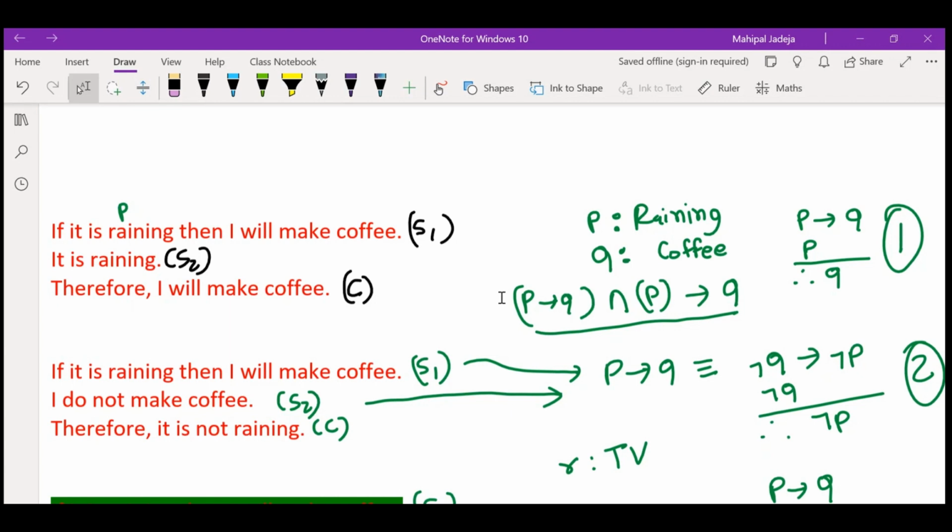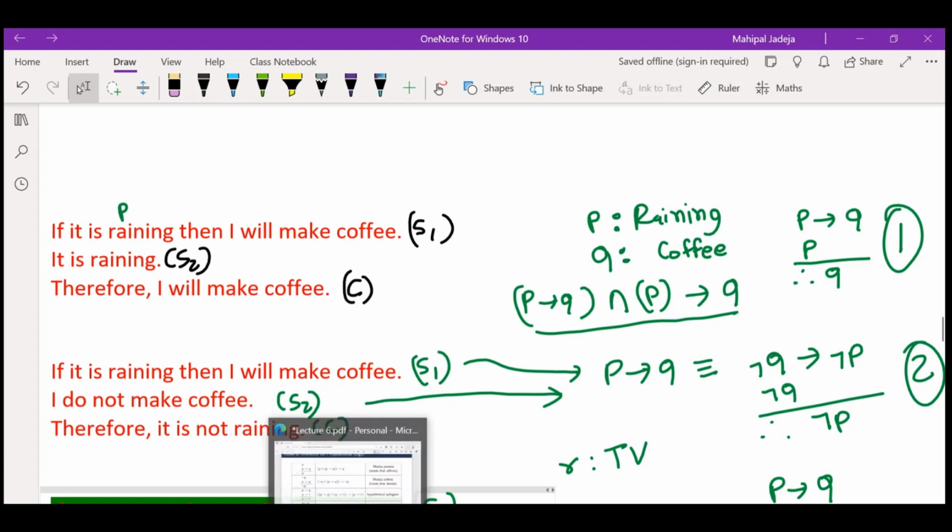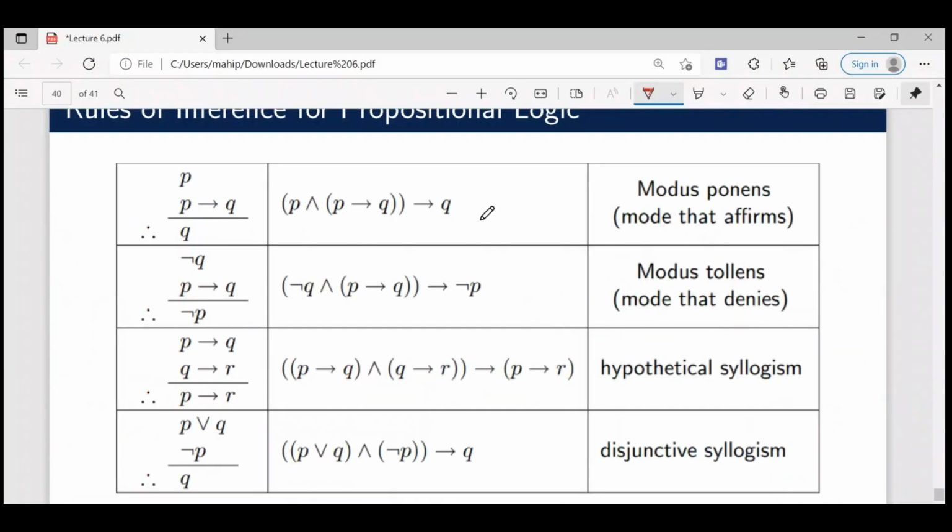So that is the idea. And again, we can verify that this particular compound proposition is a tautology. Here we are concluding something positive, Q, so it's called modus ponens.